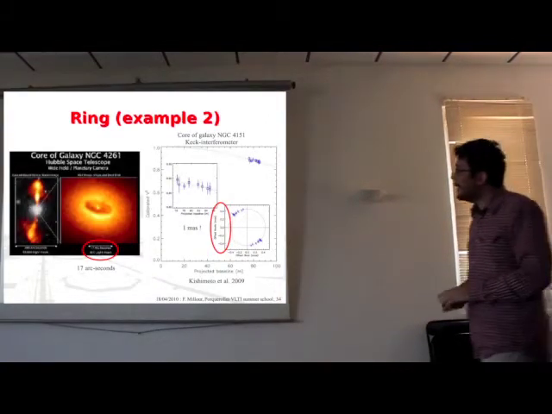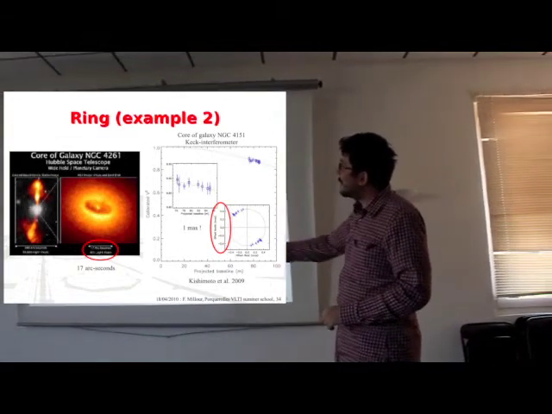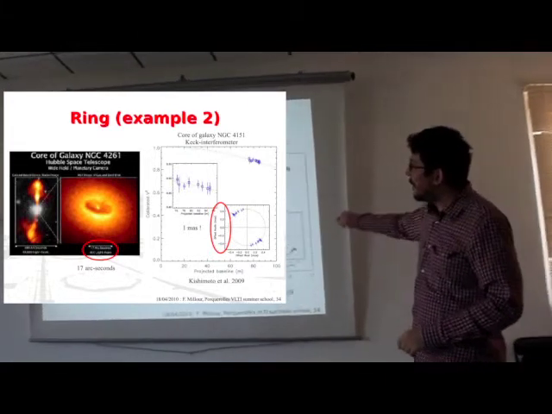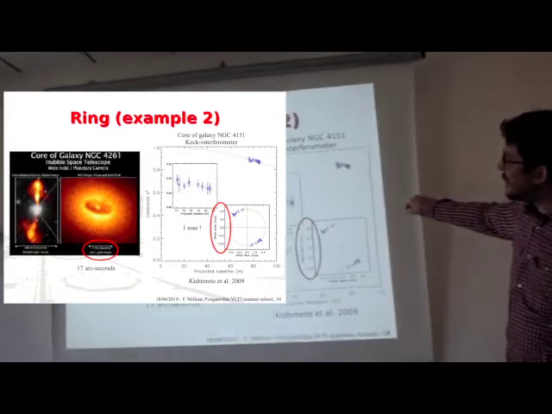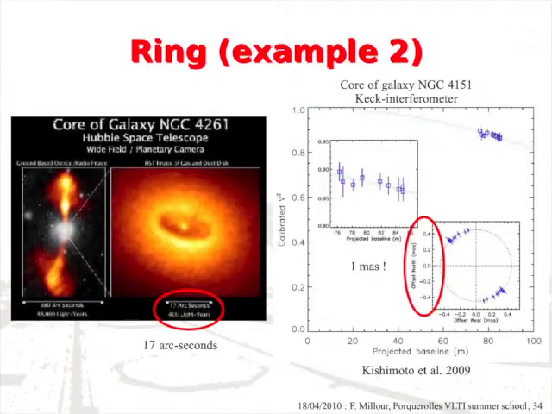Another example is also in AGNs. You have some observations with HST which show a starburst ring around the center of a galaxy, okay? And if you look at the scale, this is quite a large scale structure.